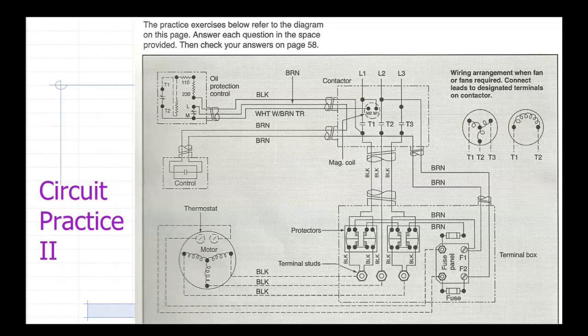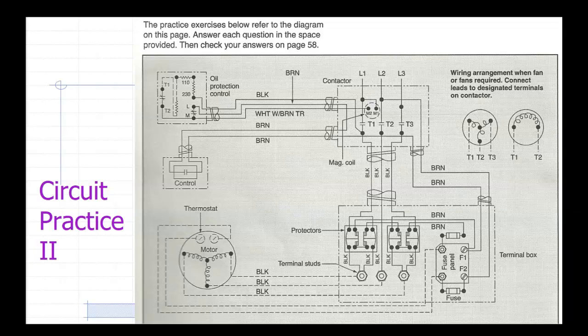When contacts in the contactor are open, is power available at either terminal of the magnetic coil? Is power available at terminal T3 in the contactor? Yes. Which one? No?